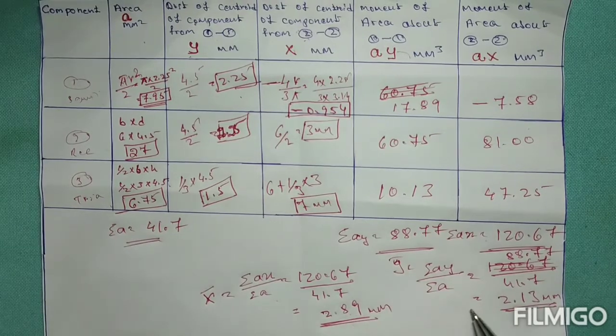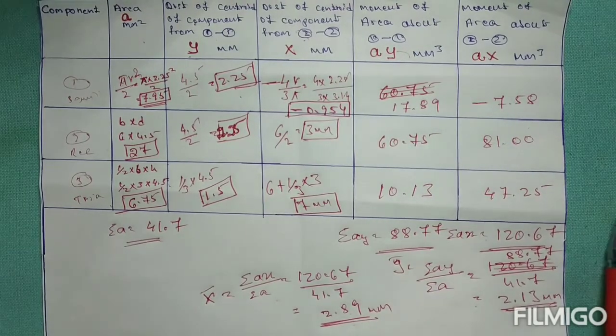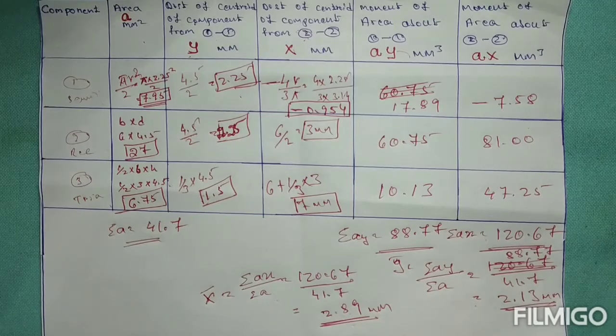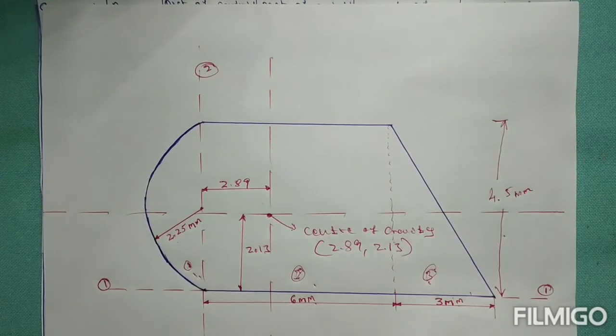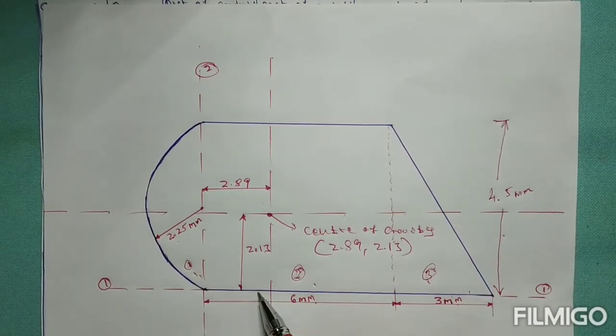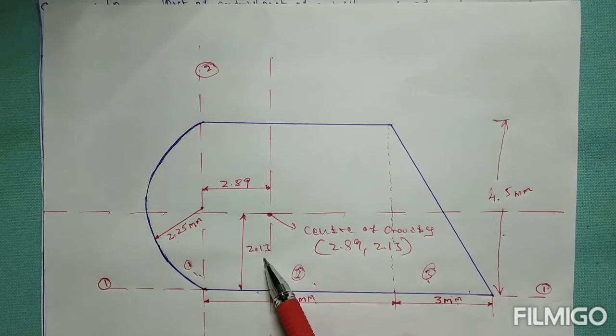So this x bar and y bar are the coordinates of the CG of the composite section. You have to plot this x bar and y bar in our figure, and that will be the exact center of gravity of your section. So you can see here, from reference axis 1-1 you have to draw y bar, that is 2.13.